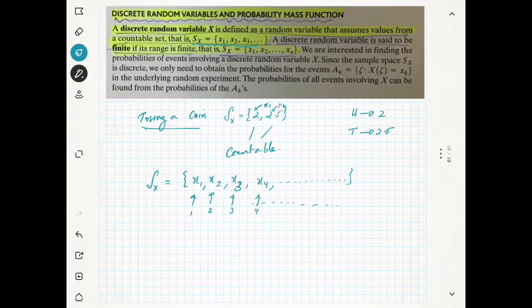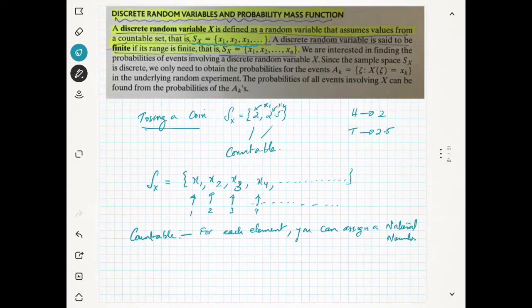It is not uncountable, it is countable, because for each element you can assign a natural number.